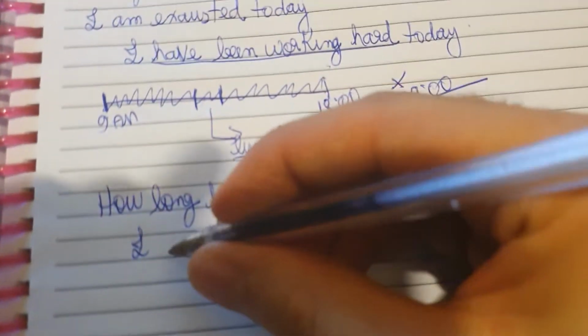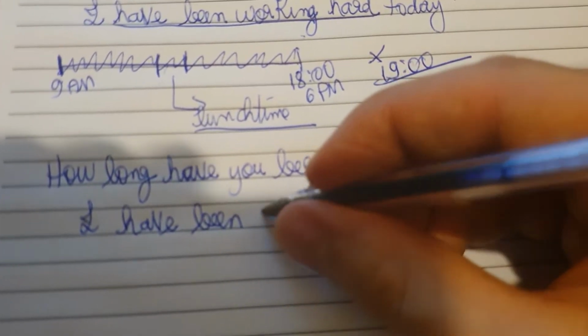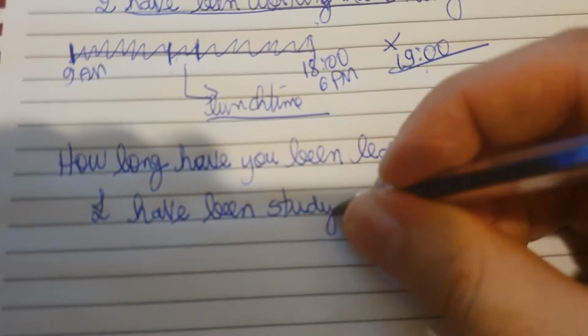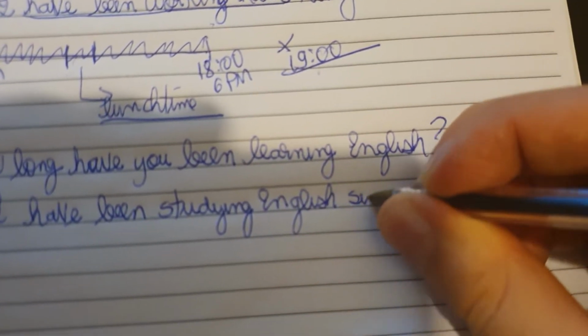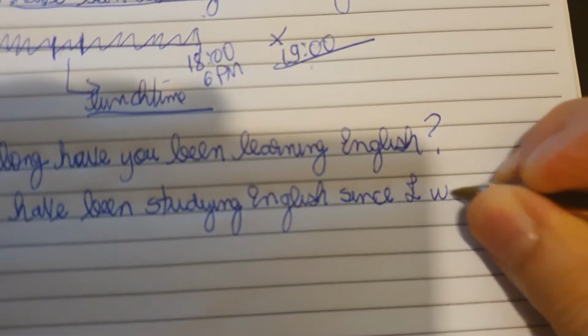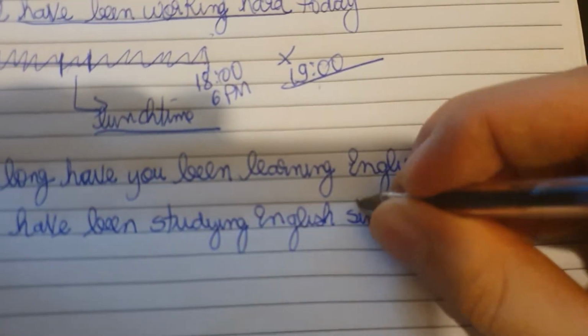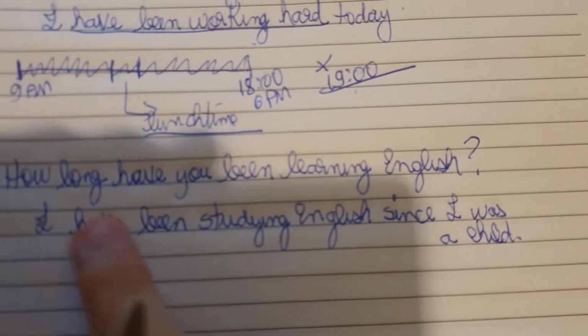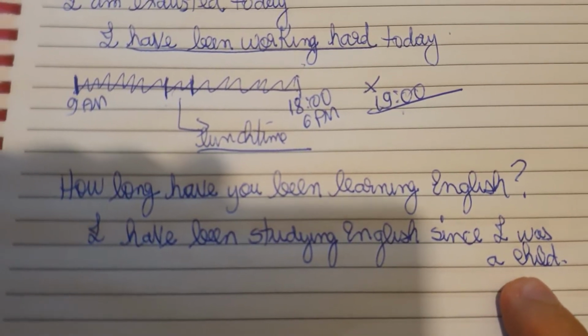Or you can say, I have been studying or learning English since I was a child. So I have been studying English since I was a child.